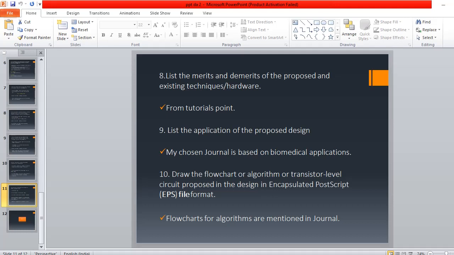Coming to the final and last question, the tenth question: draw the flowchart or algorithm or transistor level circuit proposed in the design. Coming to my journal, for the proposed architecture there is no transistor level circuit proposed, but we have algorithms for multiplication and division, like arithmetic operations, and also flowcharts related to them.